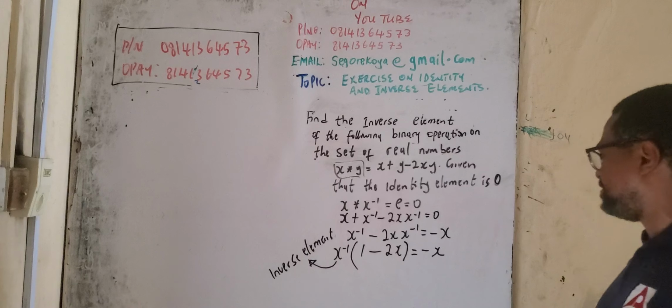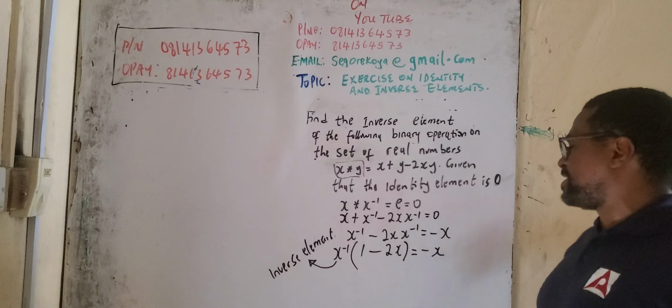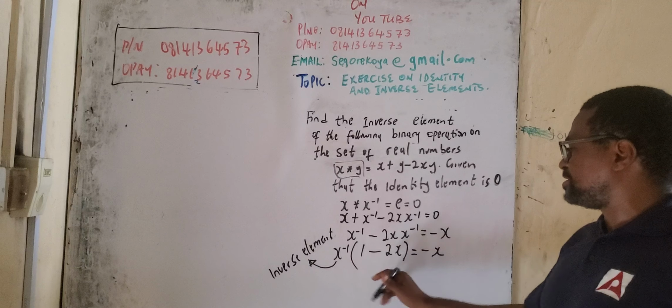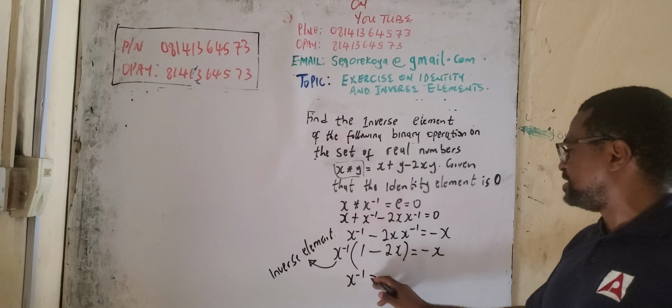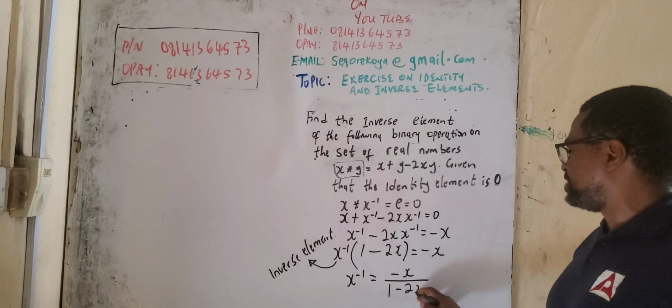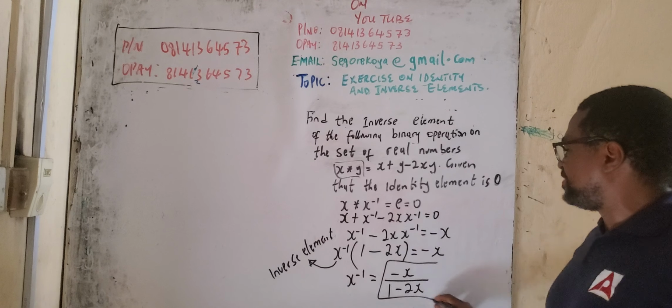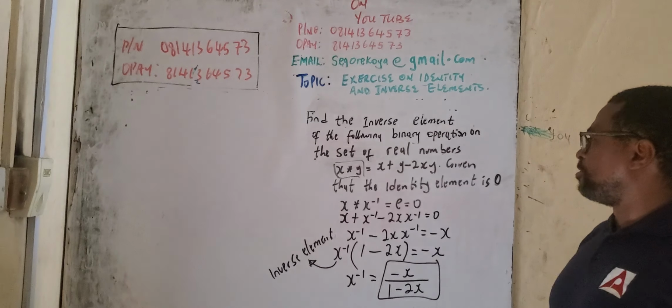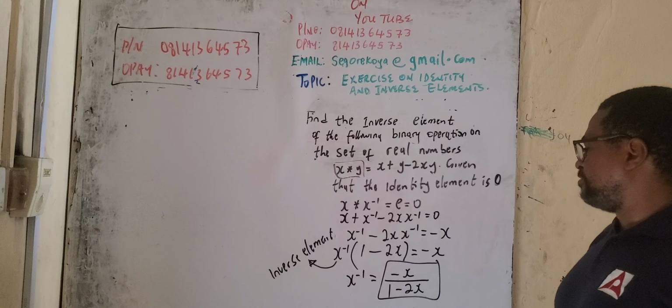So we make the inverse element the subject of the formula by dividing both sides by the content of this bracket. We now have x inverse is equal to minus x all over 1 minus 2x. So this expression I have here is the inverse element for this particular operation on the set of real numbers.